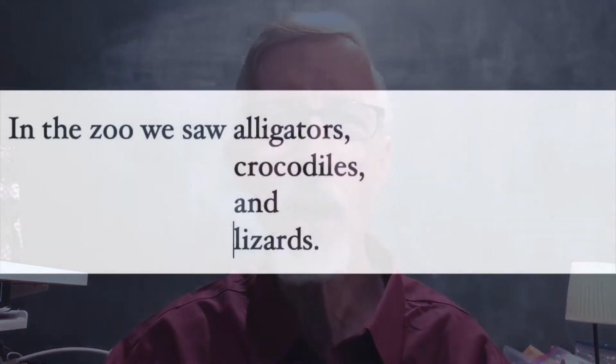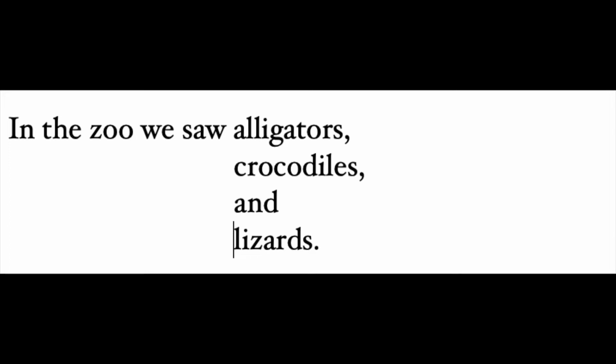Let me give you another example. In the zoo, we saw alligators, crocodiles, and lizards. Crocodiles doesn't modify alligators. Crocodiles are crocodiles and alligators are alligators. Crocodiles is parallel to alligators in meaning, and so it's written as a series.